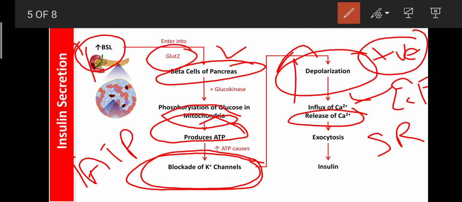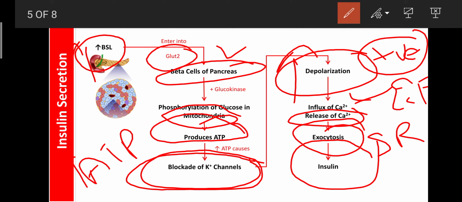Due to release or influx of calcium, calcium accumulates inside the beta cell, which causes exocytosis. Exocytosis is the process responsible for release of the insulin from the beta cells. So dear students, whatever insulin is released from the beta cells is known as proinsulin.